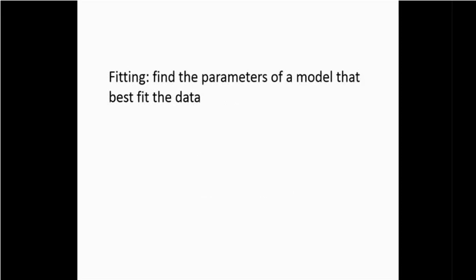Today we're going to talk about fitting and alignment. Mainly today we're going to talk about fitting, and then we're going to talk about alignment and recognition in the next class. They're both basically the same problem. The only difference is that fitting is finding the parameters of a model that best fits the data. For example, you fit a line to a set of points or a circle to a set of points.